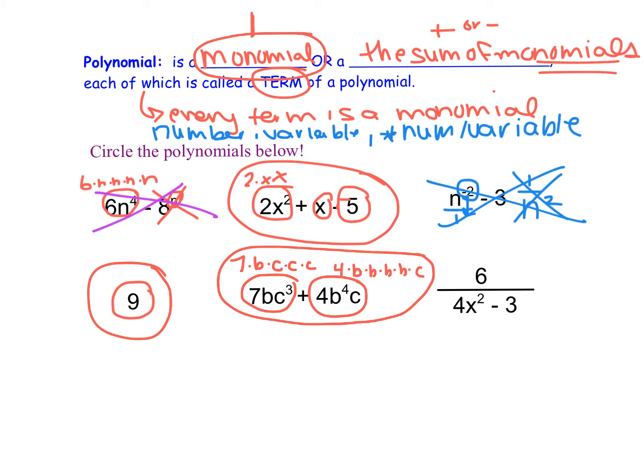And then lastly here, what I notice is that I have a big division problem going on. And this big division problem is basically showing me that it is not a polynomial already off the bat. A polynomial is the sum of monomials, and here I've got a big division problem in it, which we know automatically disqualifies it from being a monomial. So this one is not a polynomial.